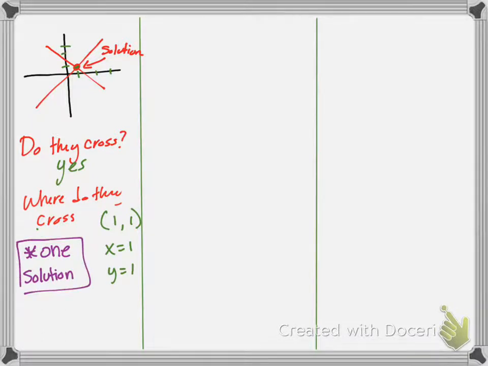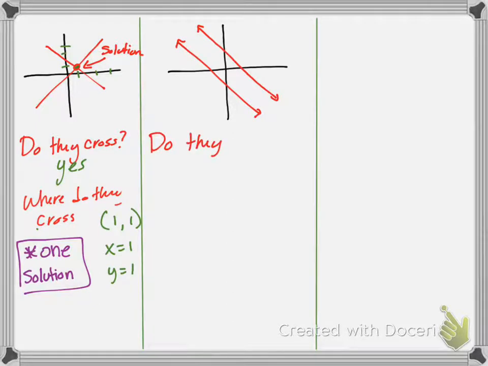Okay, but there's others like this one where if we have a graph and we have two lines that go, let's say they go like this. Let's say they're parallel, and parallel means that they never cross and they never touch. So if we ask the question, do they cross?